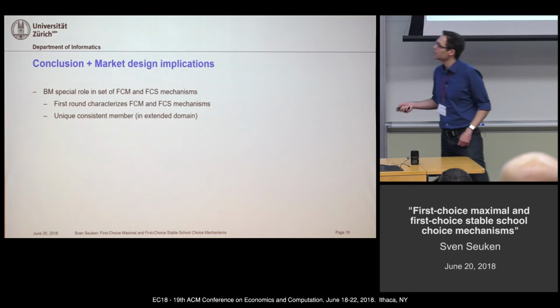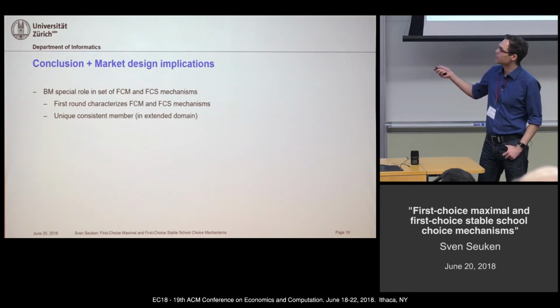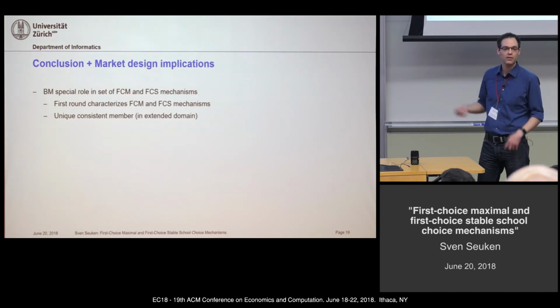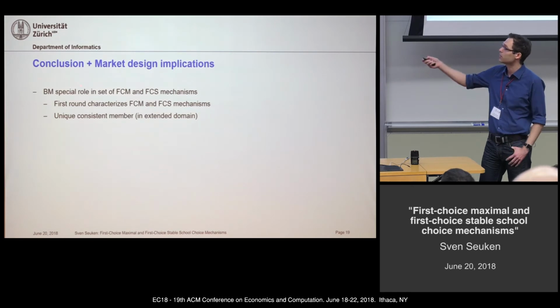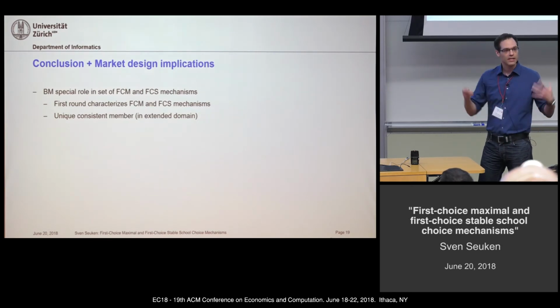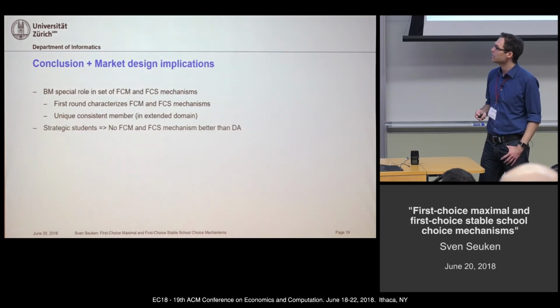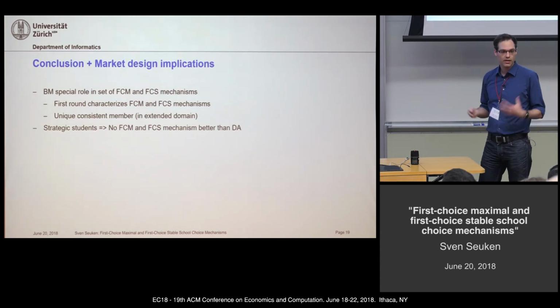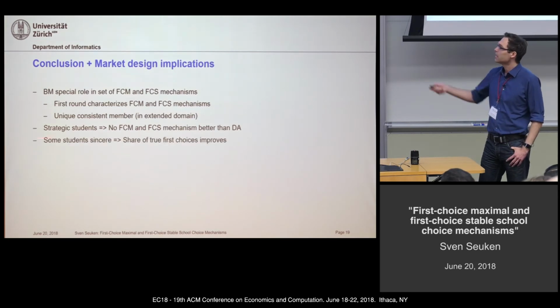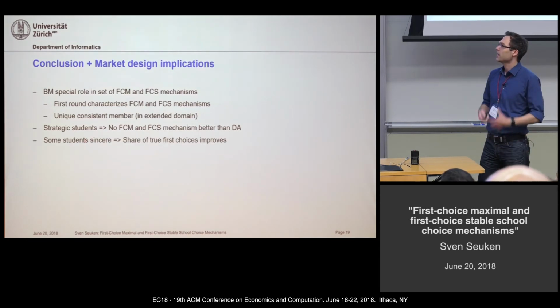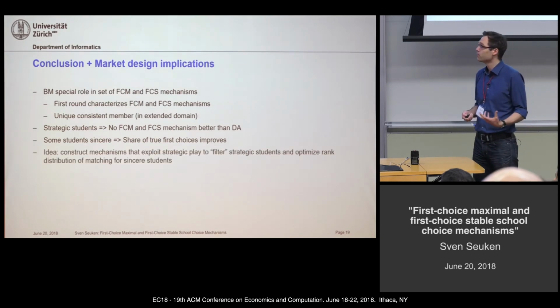I've given you some results about this whole class of first choice maximal and first choice stable mechanisms, and I've shown that the Boston mechanism takes this elevated position within this class. If all students are strategic, we can't do better than DA, and in fact we do better due to the solution concept. If some students are sincere, then we can expect a larger share of first choices in equilibrium.